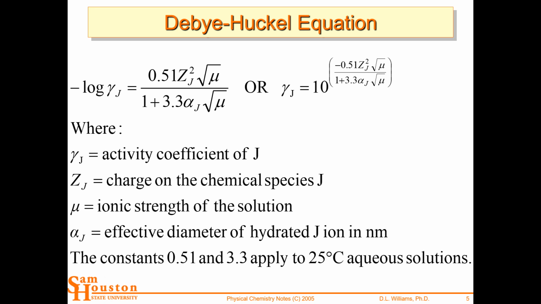So this was a log-based equation. Let's move over here. So gamma is 10 raised to the power of this mess. We have Z, the charge on chemical species J. Mu is the ionic strength. And then this alpha J is the effective diameter of the hydrated ion. And that's the thing you have to look up in a table.